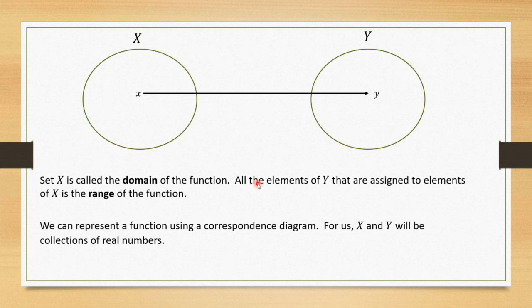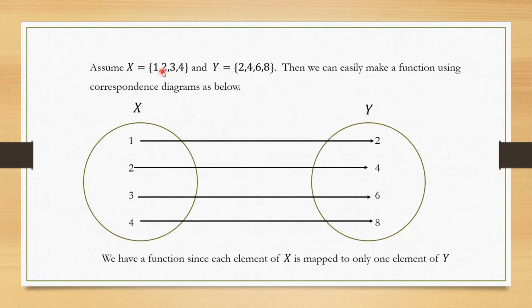So our first example, let's say X was this set. We have just 4 elements in it, 1, 2, 3, and 4. Let Y be this set, 2, 4, 6, 8. So we have 2 sets of numbers. Then we can have this correspondence diagram below, where 1 is assigned to 2, 2 is assigned to 4, 3 is assigned to 6, 4 is assigned to 8.